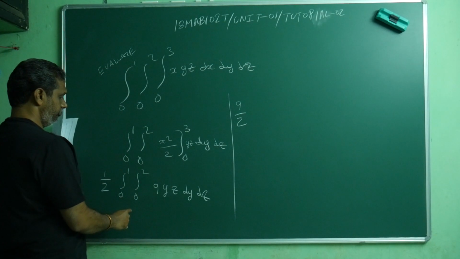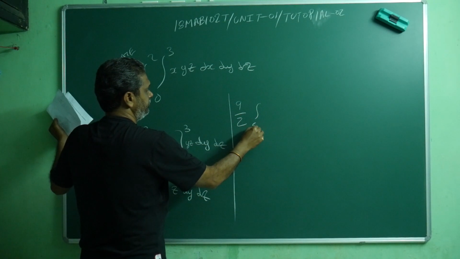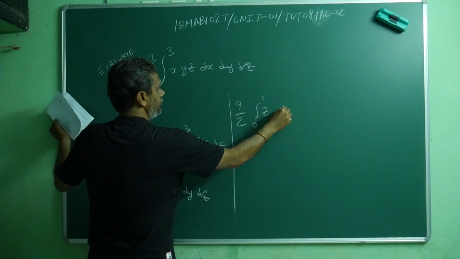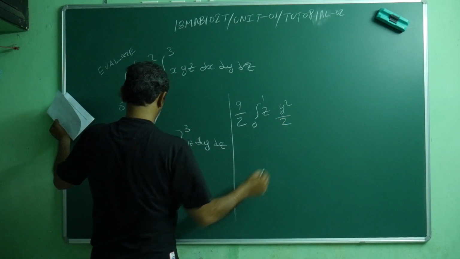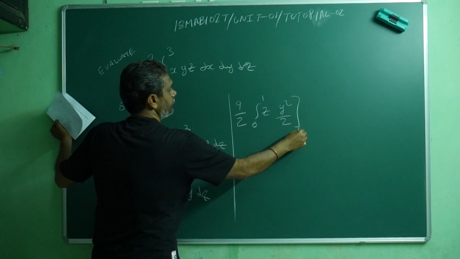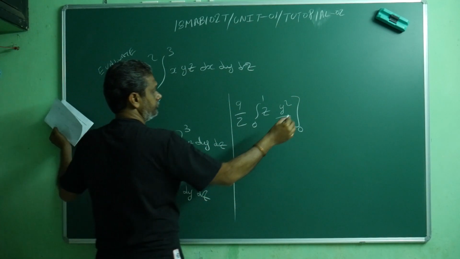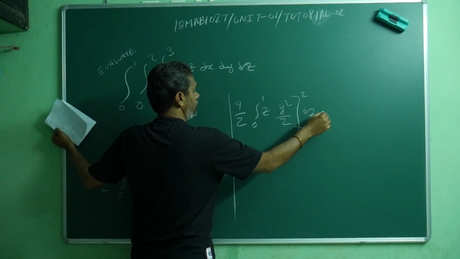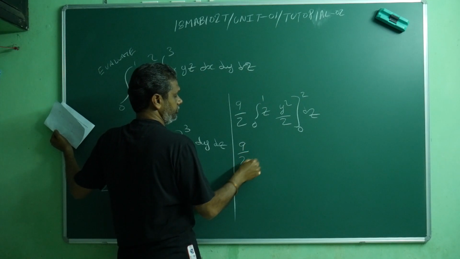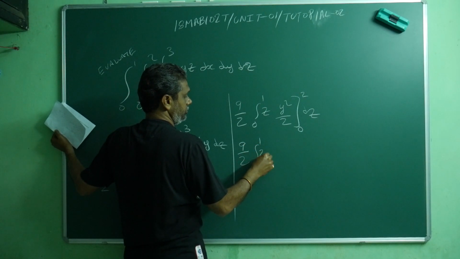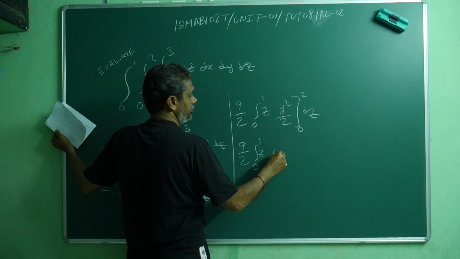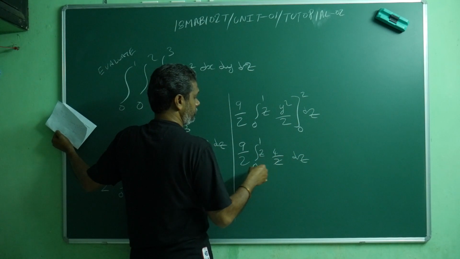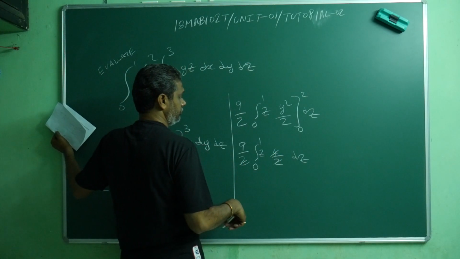With respect to y, what will you get now? 0 to 1, z you can keep here, y squared by 2, 0 to 2, dz. So this is 9 by 2, 0 to 1, z times 4 by 2 dz.